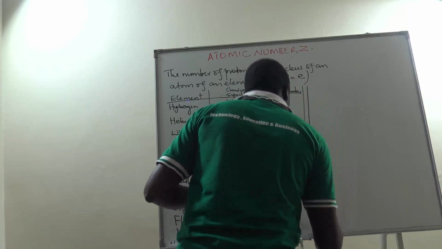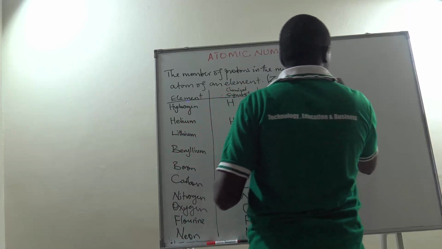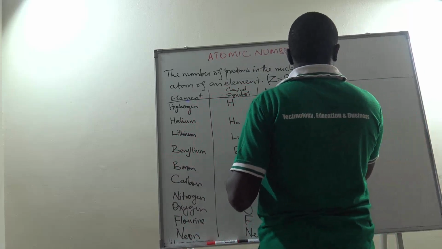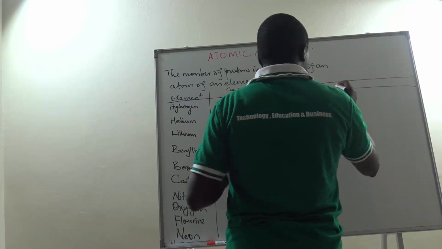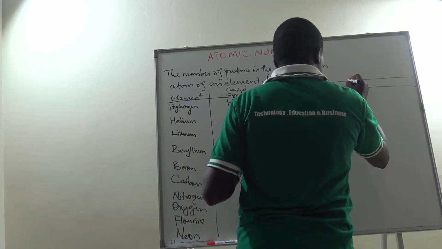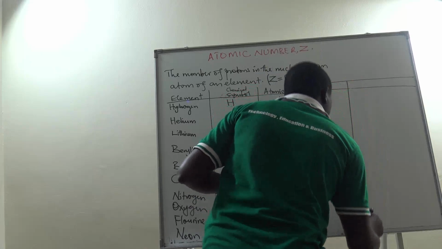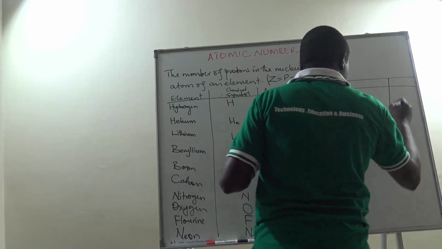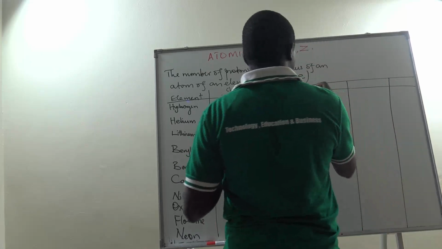Let's look at this table here also. So we have element, chemical symbol, and then atomic number.